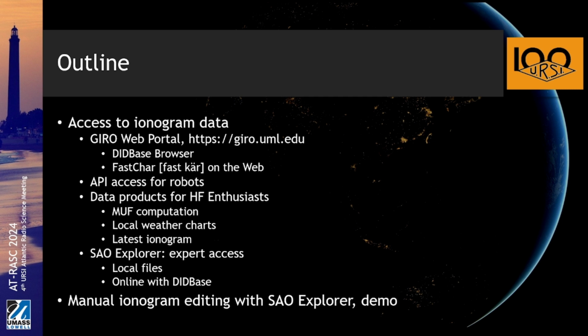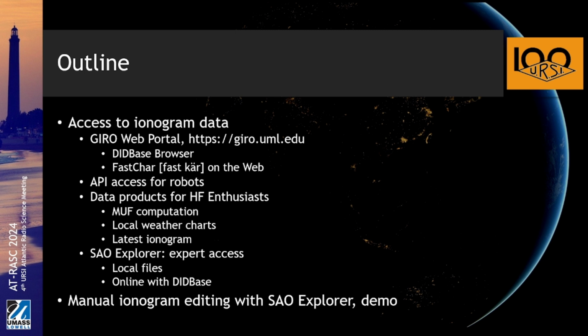There is a fast car on the web, which is the access to the scaled characteristics. For robots, we have an API, which means that you can periodically call us and download certain things if you are building a space weather system.